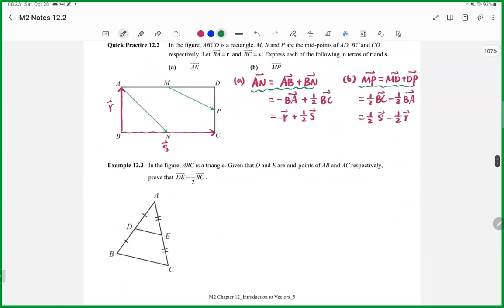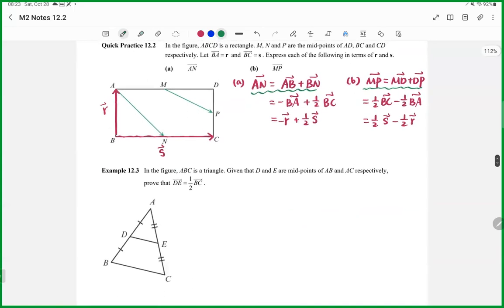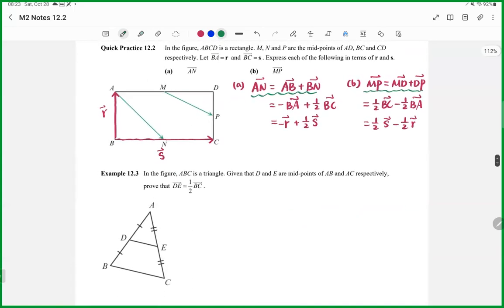Next example. In this figure, ABC is a triangle. Given that D and E are the midpoints of AB and AC respectively, prove a vector equals another vector.